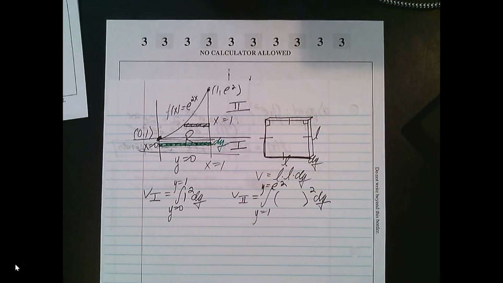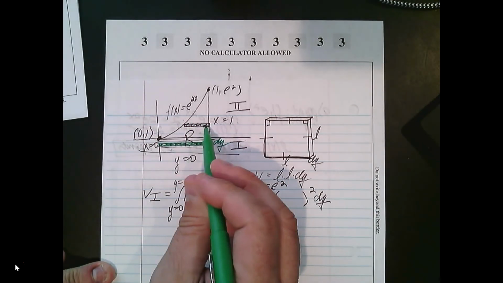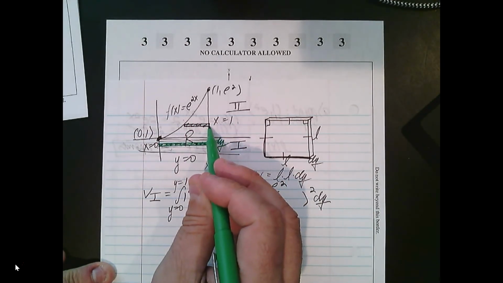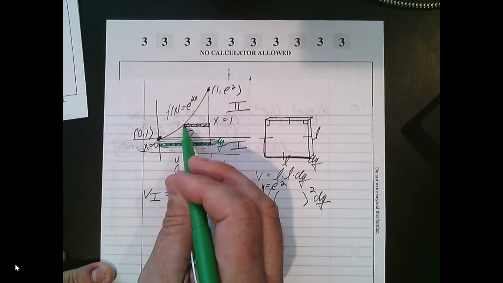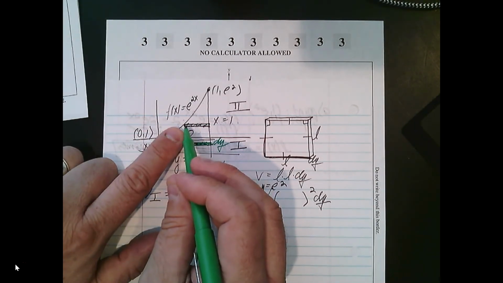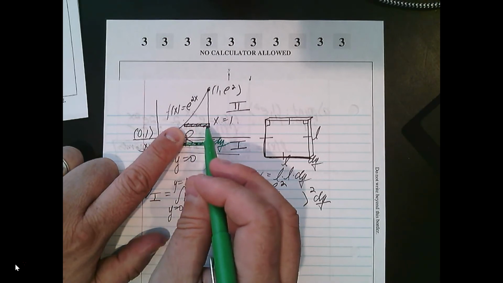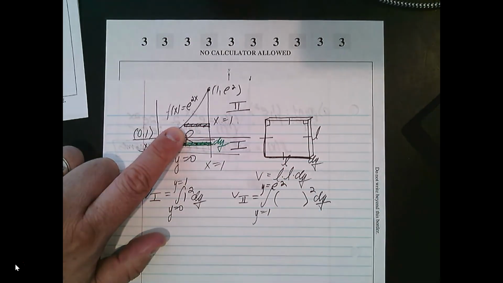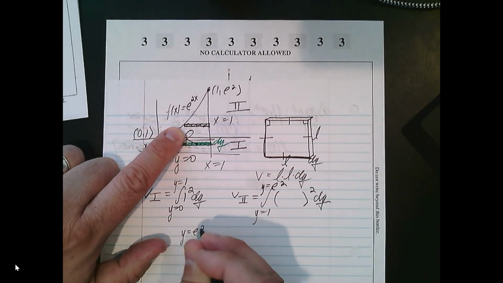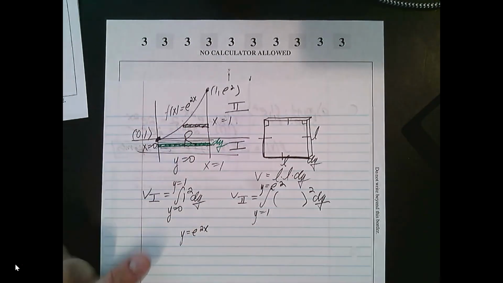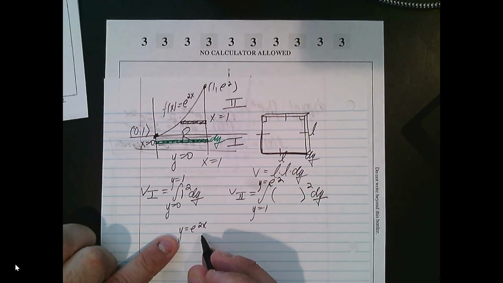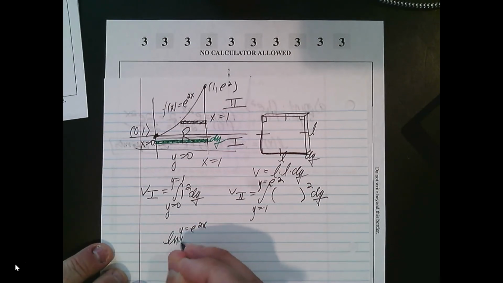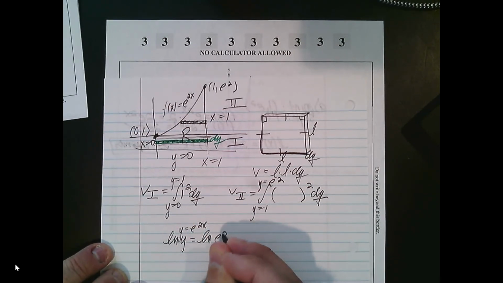Okay, we're doing well here. How long is this length? You're going from x equals 1 over to the curve e to the 2x. In order to express this length in terms of y, we're going to have to do a little bit of side work here. Rather than thinking about the curve y equals e to the 2x, we're going to have to write this in terms of y. We can do that by taking the natural log on both sides.